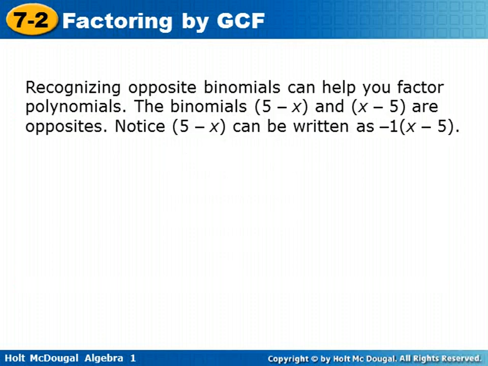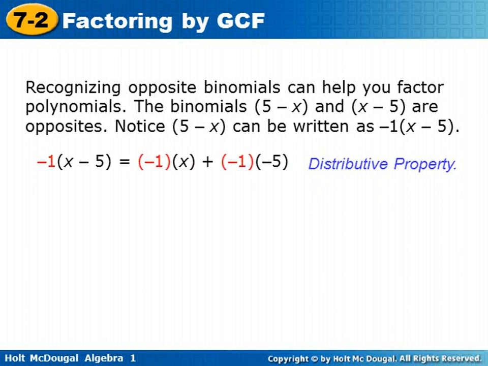Recognizing opposite binomials can help you factor polynomials. The binomials 5 minus x and x minus 5 are opposites. Notice 5 minus x can be written as negative 1 times x minus 5. So you can always factor out a negative and then it becomes the same in the parentheses.